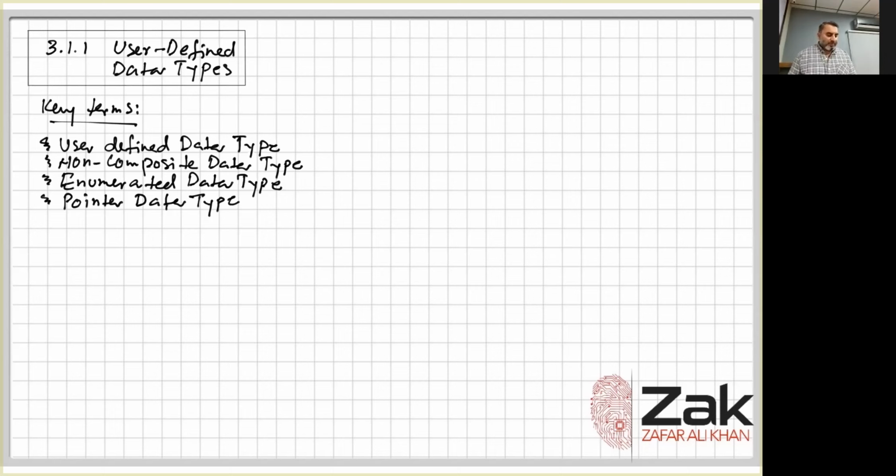So a non-composite data type that uses the memory address of where the data is stored. And then we have a set: a given list of unordered elements that can use set theory operations such as intersection and union, as we do in mathematics. So let's start.